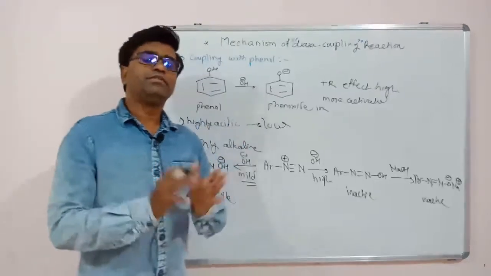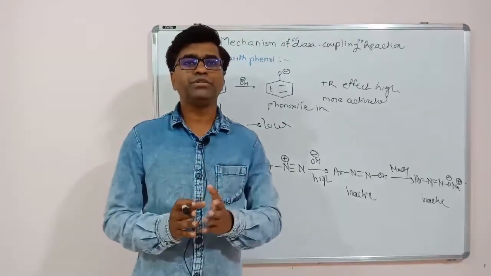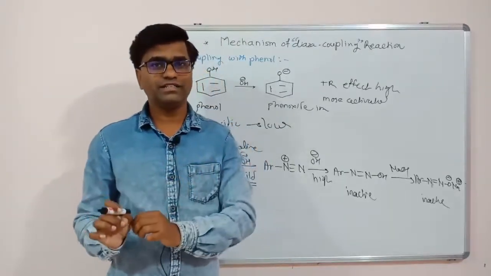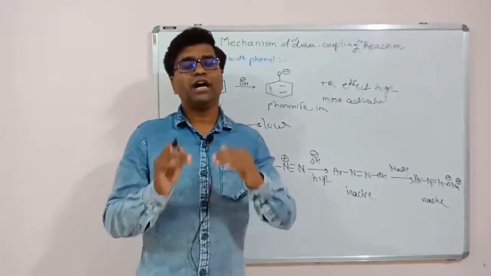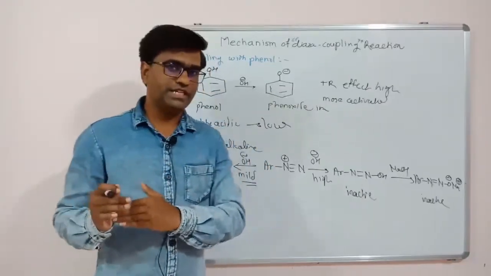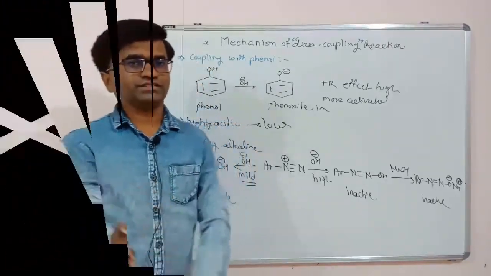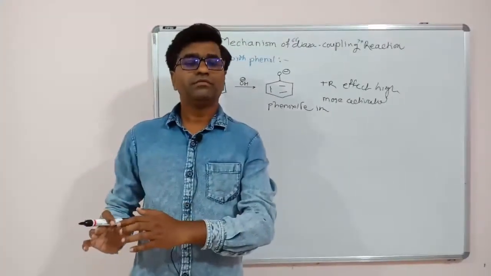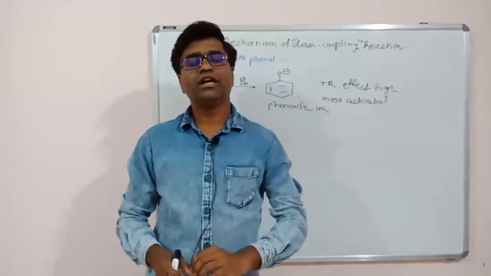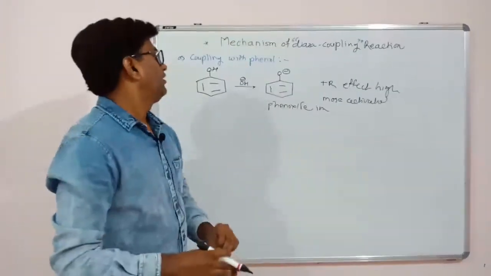In this way, if phenol is there, we have to use mild alkaline conditions, then only we will get a higher yield and a higher rate of reaction. Phenol reacts under mild alkaline conditions for the azo coupling reactions.